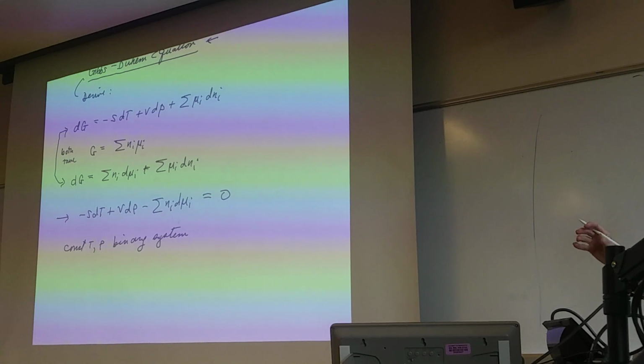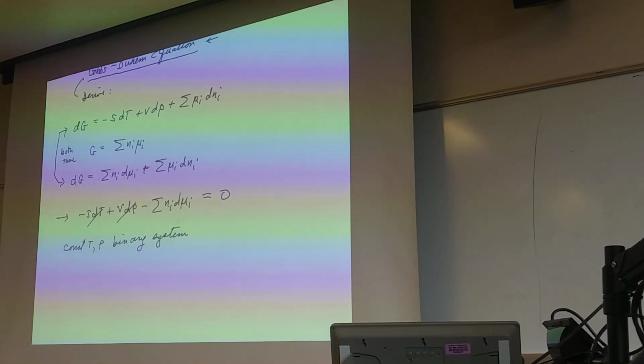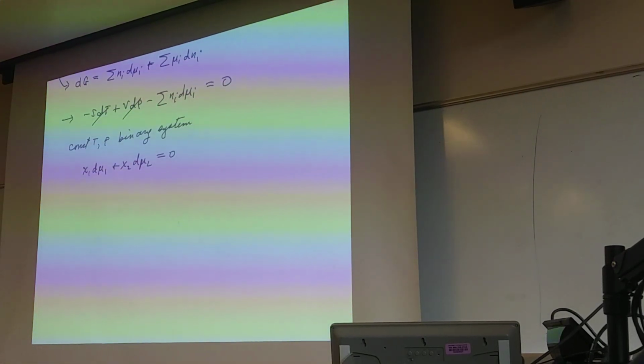But this can be done to a reasonable approximation, so I'm going to make that approximation, and that will get rid of these two terms. And if it's a binary system, what I end up with is the statement, looking at 1 mole, that x1 d mu 1 plus x2 d mu 2 is equal to 0. So you can see where I'm going with this.